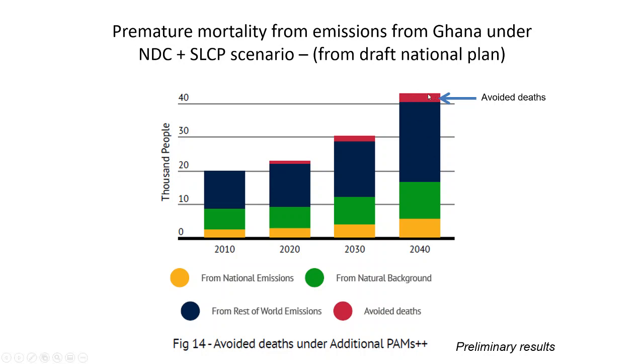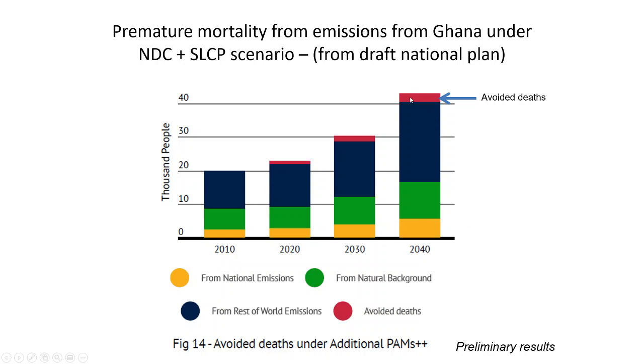The implementation of those 15 policies would avoid this number of premature deaths. Now that may look small compared to this large fraction here, but the real comparison, what we should compare this red bar to, is the yellow bar, which is the contribution of national emissions.